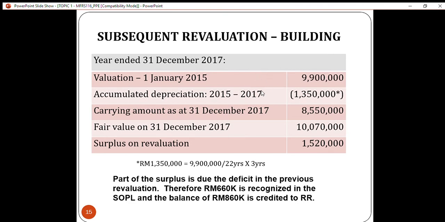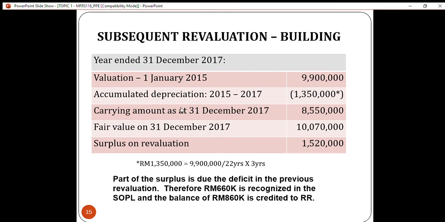That's all together 3 years of accumulated depreciation. So the amount of accumulated depreciation is 1,350,000. So how do you get this amount? You can refer to the calculation below. It's 9,900,000 divided by 22 years times 3 years. So you get accumulated depreciation amounted to 1,350,000.